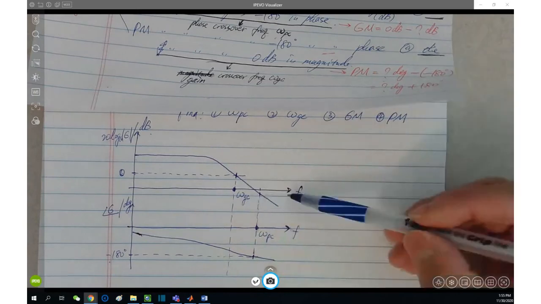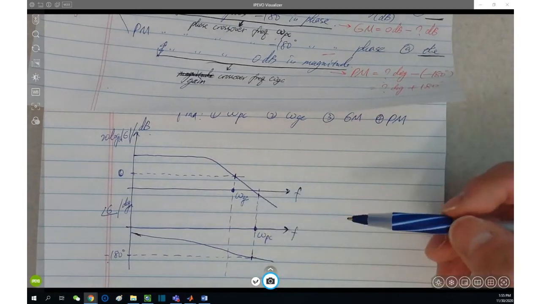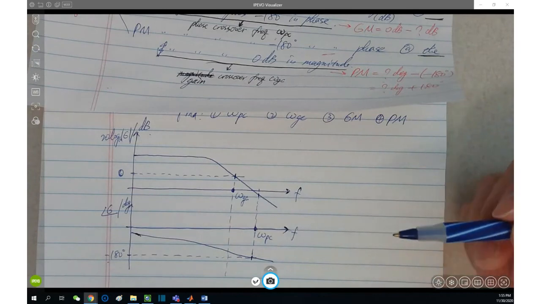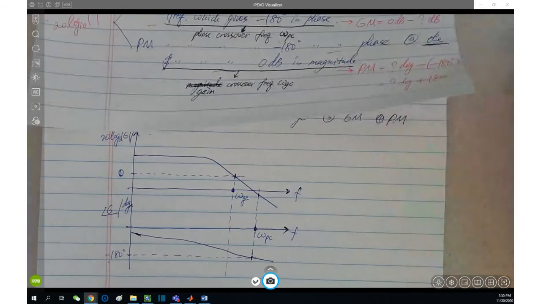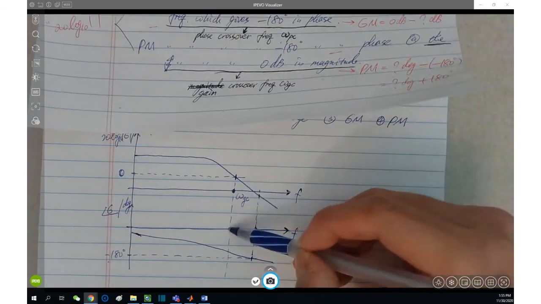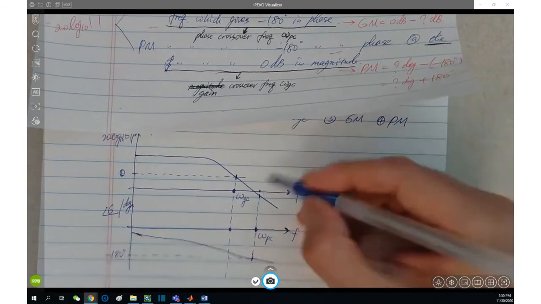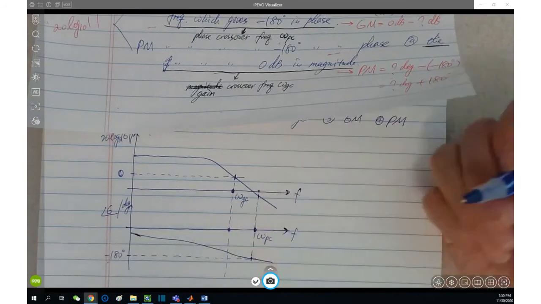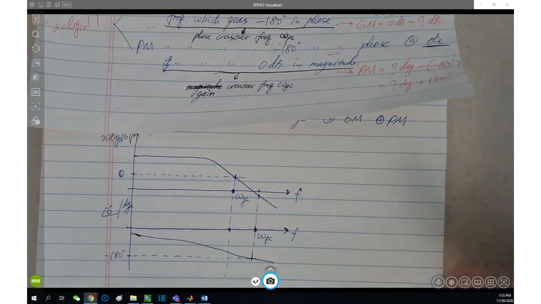And here, both magnitude and phase are sharing the same frequency axis. So here is omega GC, so is here. Here is omega PC, so is here. That's not a problem, right? So any questions regarding the omega GC and omega PC, how we find it? Just according to the definition, right?